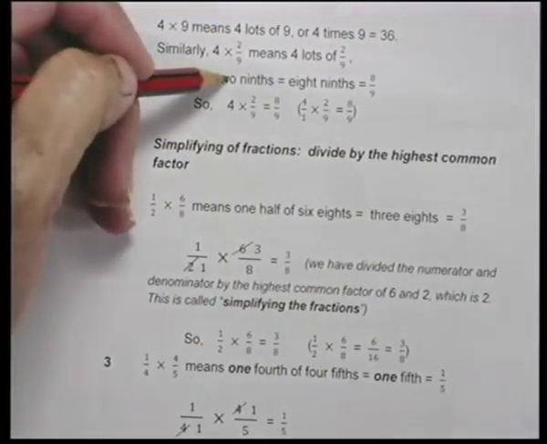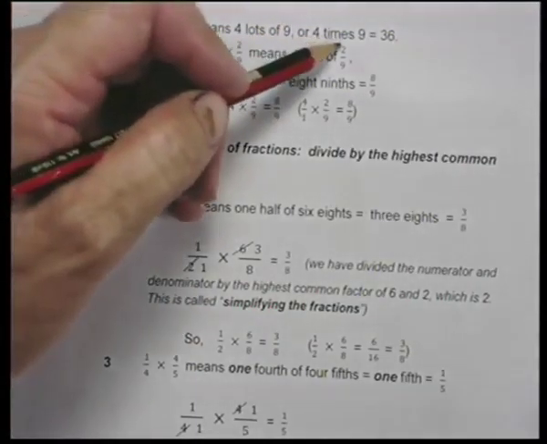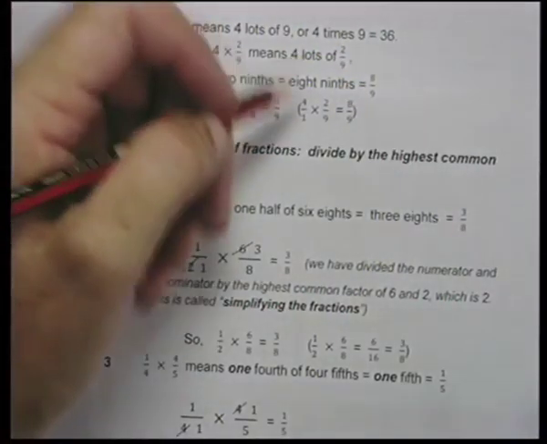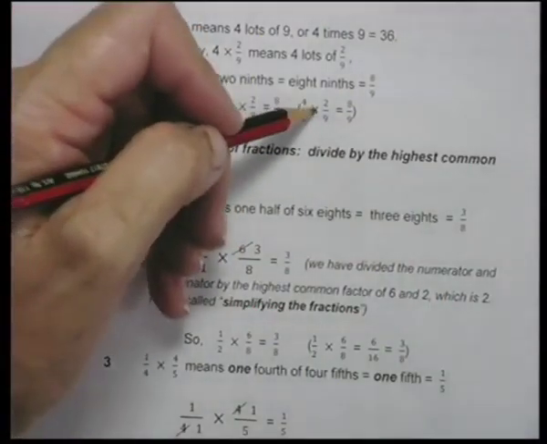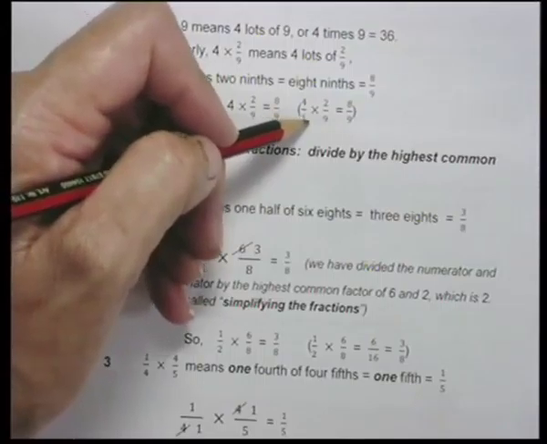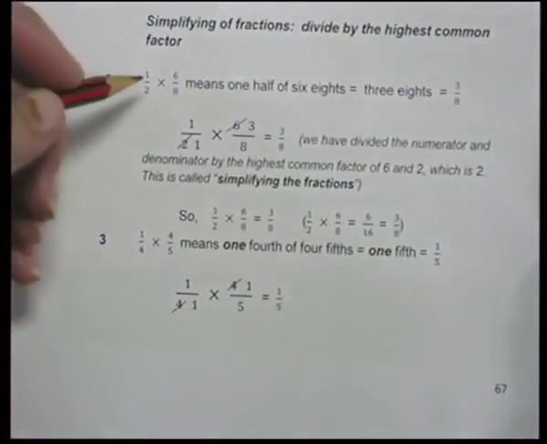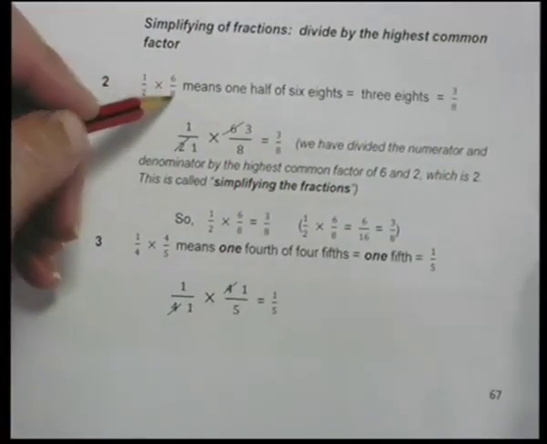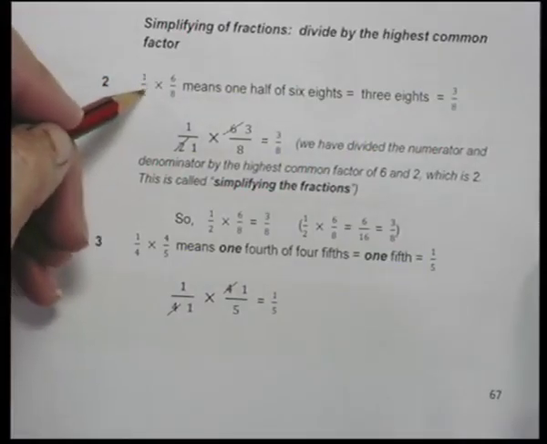So 4 times 2, which is 8 ninths. We can write it as 4 over 1 times 2 over 9. And then we say 4 times 2 is 8, and 1 times 9 is 9. If we simplify fractions, half of 6/8, we can divide.